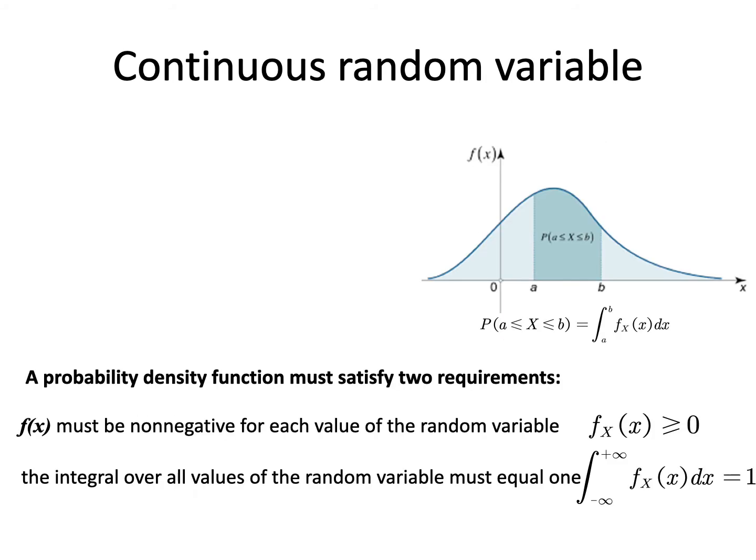The curve must satisfy the following requirements. Here are two requirements: the curve f(x) has no negative values, that means f(x) should be greater than or equal to 0 for all x, and the total area under the curve, the integral over the values of the random variable, must be equal to 1, meaning the area under the curve ranging from minus infinity to infinity is equal to 1.